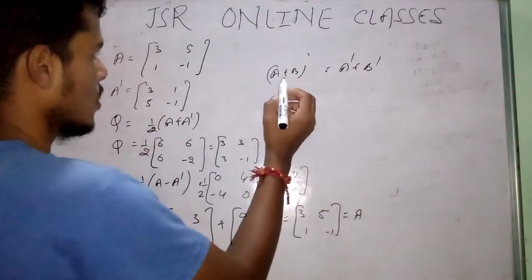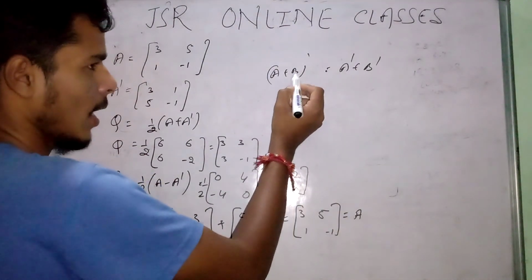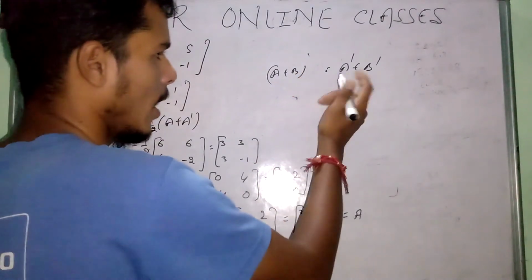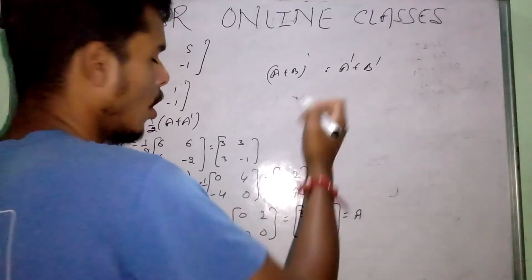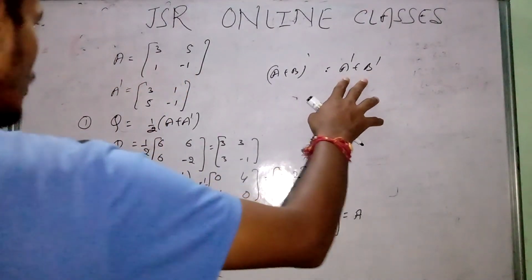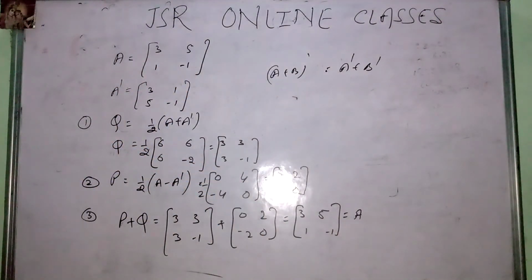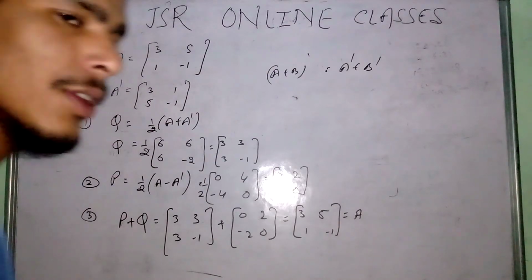So what will you do? First of all, you will get A plus B and take its transpose, and then you will transpose A and B separately and add. Both sides will be equal. This exercise is a very easy exercise. You do all the questions at home.